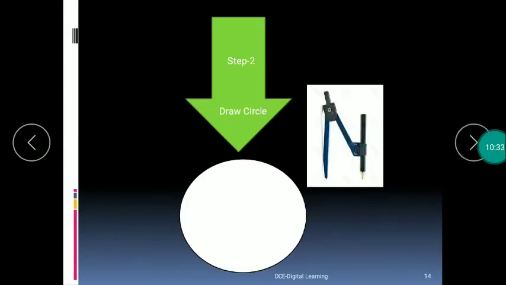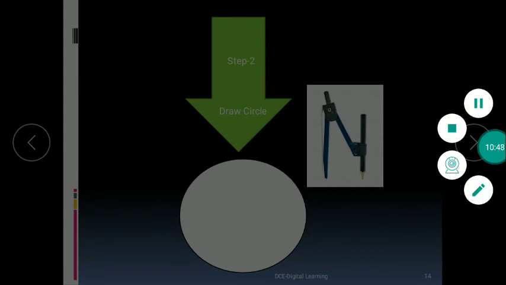The second step is drawing the circle. By using the compass tool, we can draw a circle. And one thing should be remembered here, for drawing a single circle, we can take any measurement, but if two or more sets of data are presented for comparative studies, then the radii of the corresponding circles are to be proportional to the square root of their total magnitude.